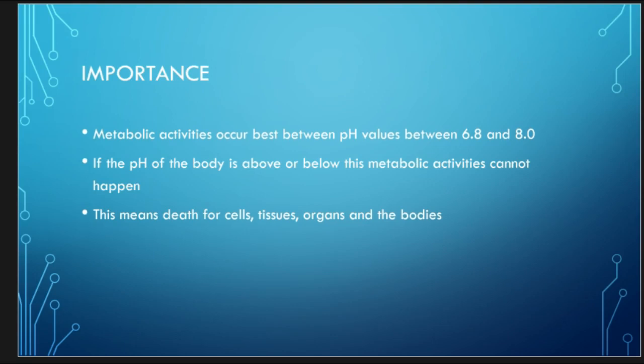So we cannot have that done. As those proteins, of course, start to unravel, the cells don't have any cohesiveness. If the cells don't have cohesiveness, that, of course, has a cascading effect to the tissues, which then goes to the organ and to the body itself. So very important that we keep those pH values there.